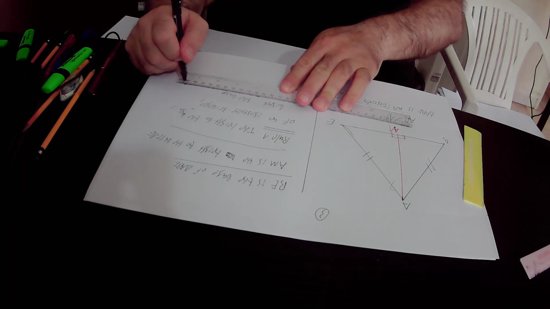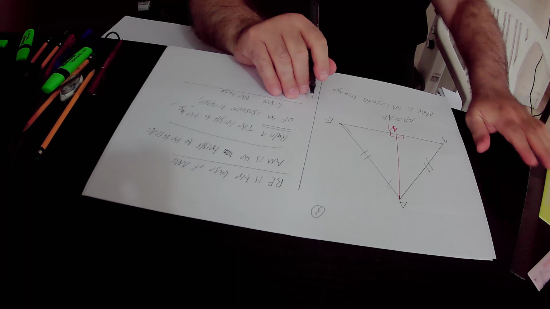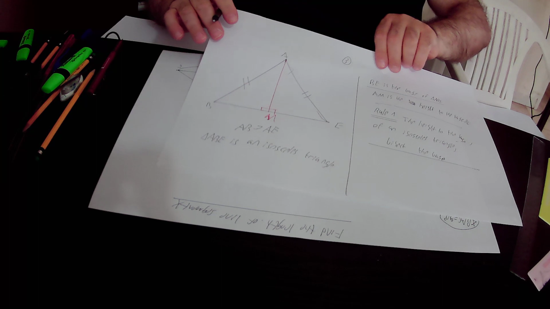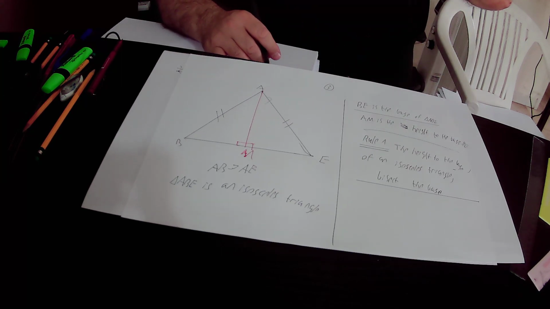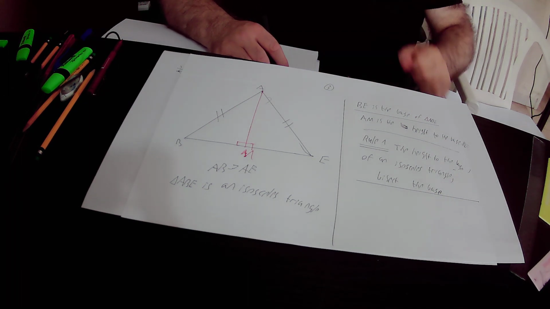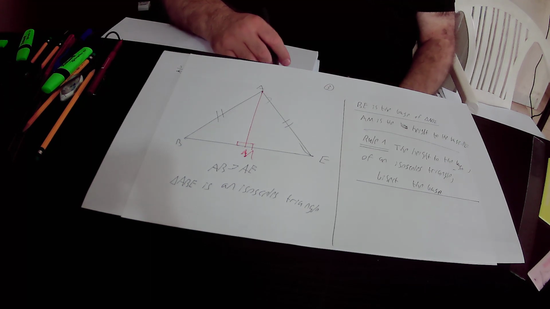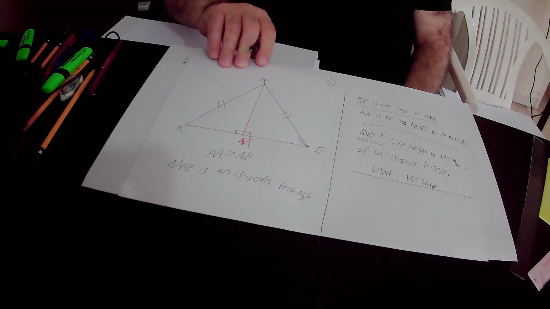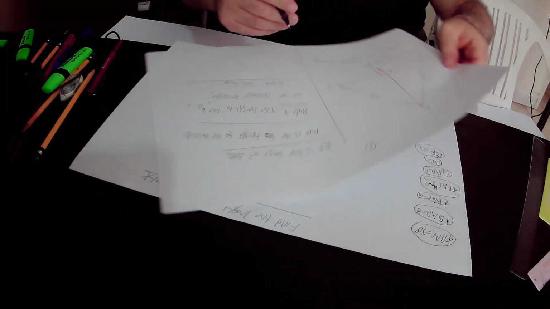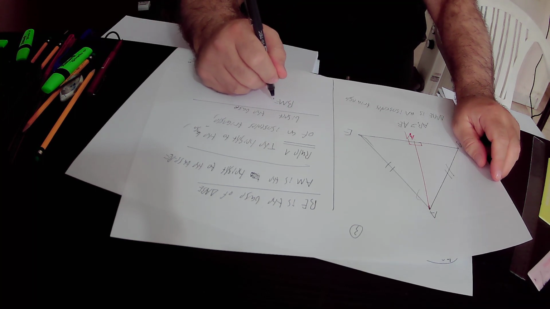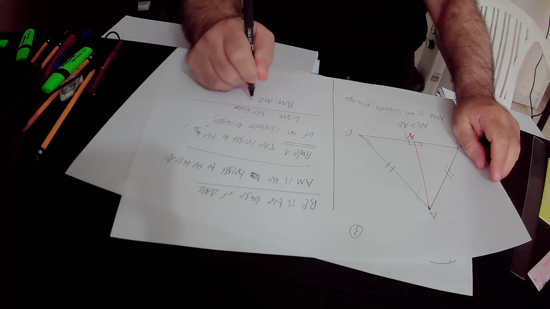So in our specific triangle, the isosceles triangle ABE, we have the height AM to the base BE, and according to rule number 1, the height AM bisects the base BE, that is to say, BM equals ME.